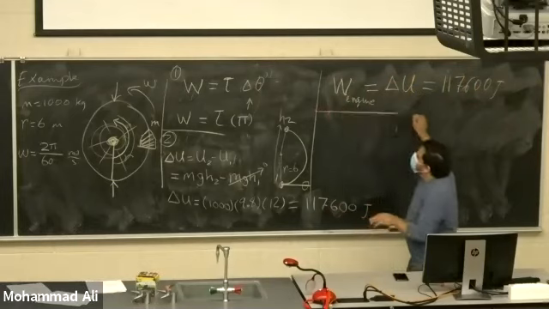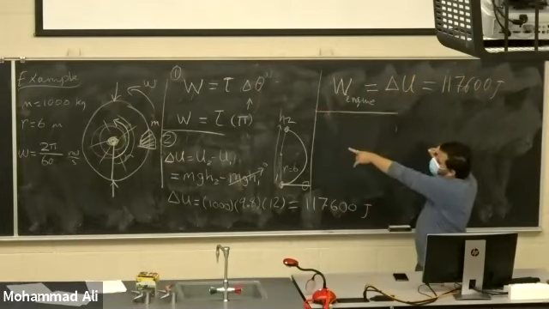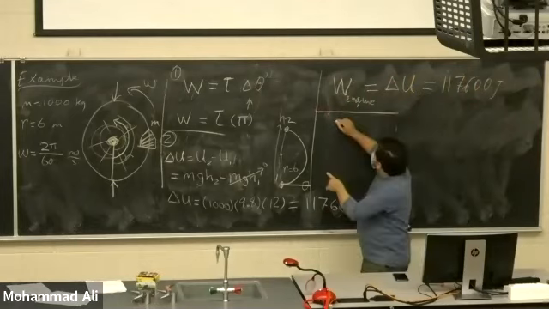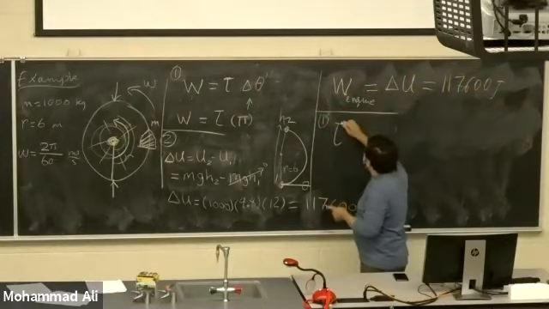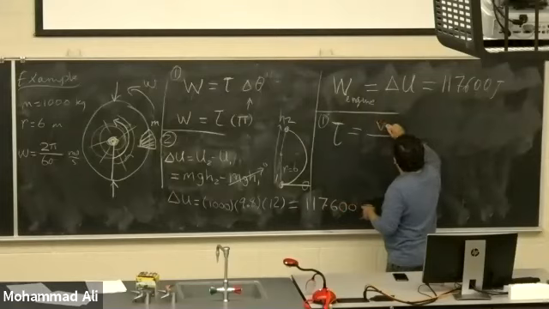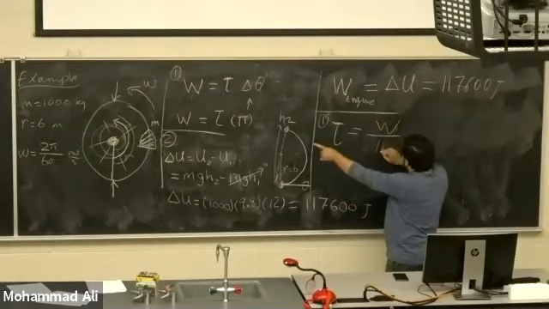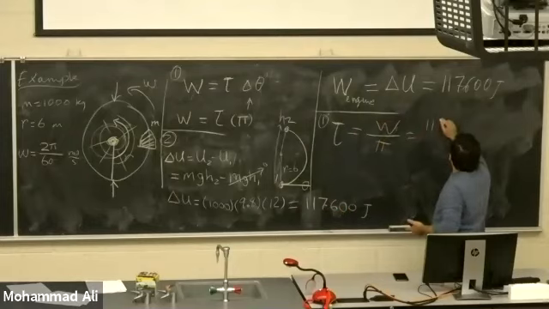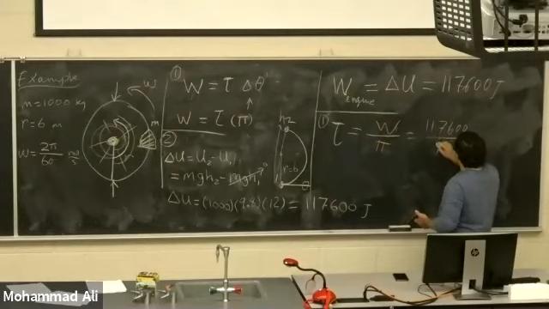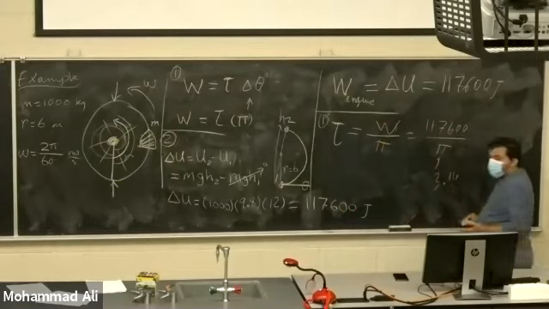Now, go back to that first. We can find tau. The torque now is equal to the work divided over pi, just like that, which is equal to 117,600 over pi. Pi, simply, is 3.14.